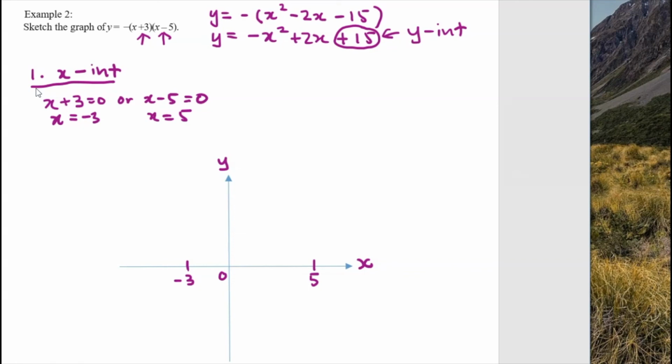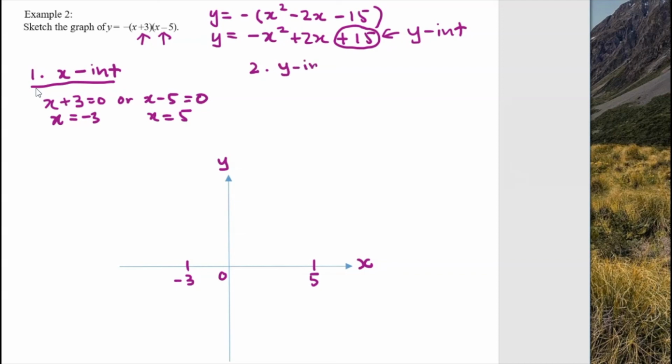Okay, now the next thing is I can find the y-intercept to determine where it will cut the y-axis. I can also choose to find the line of symmetry and so on, but I feel that the y-intercept is sufficient to give us a really good sketch of the graph.